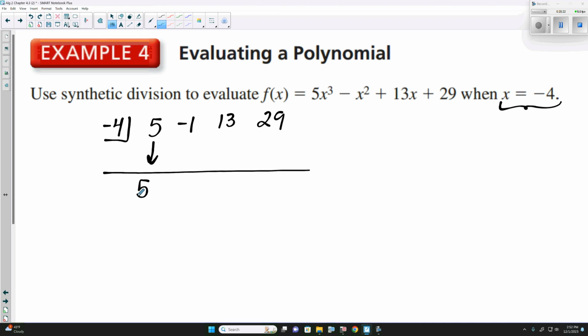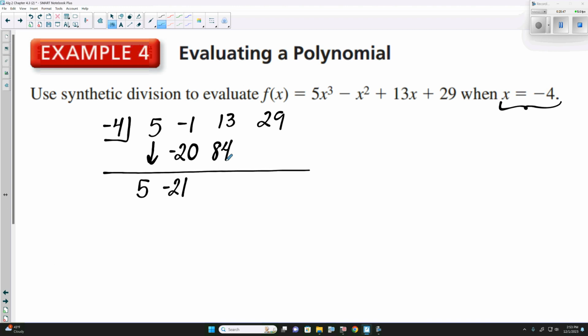We're going to bring the 5 down. Negative 4 times 5, negative 20. Negative 1 plus negative 20 is negative 21. Negative 4 times negative 21 is 84.